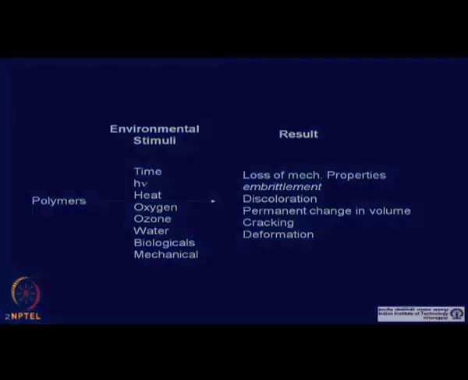Weatherability is basically the combination of all these effects like rain, air, heat, light. So if a plastic material survives longer in outdoor conditions, it is a better weatherable material.